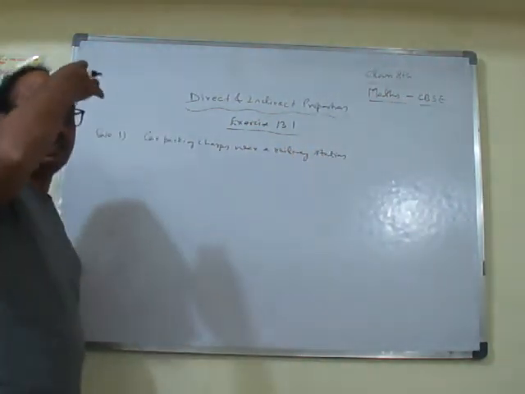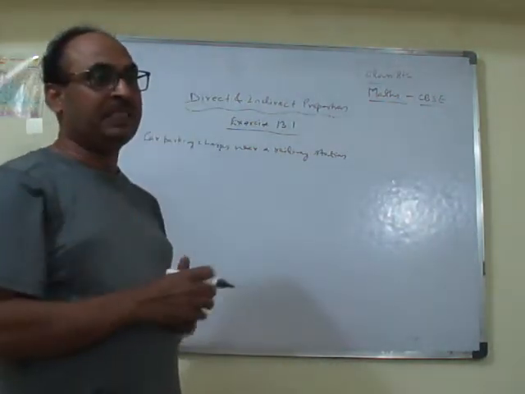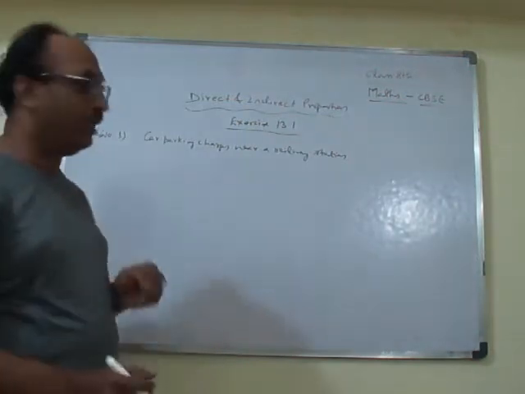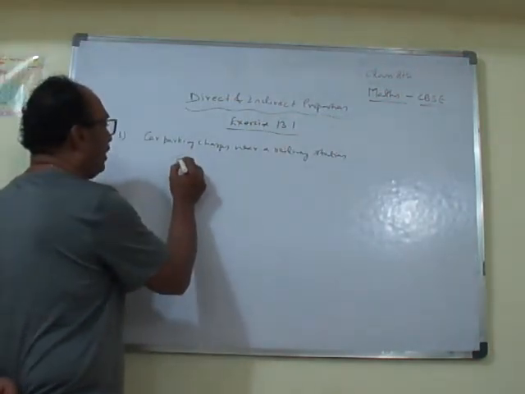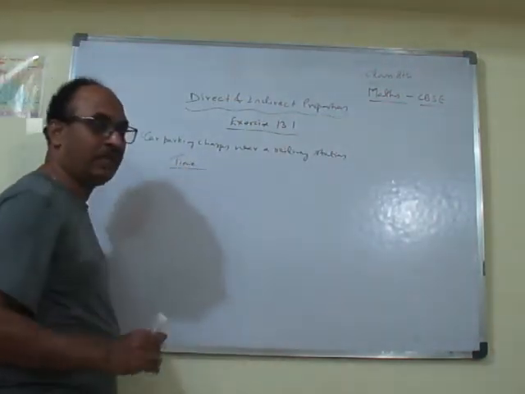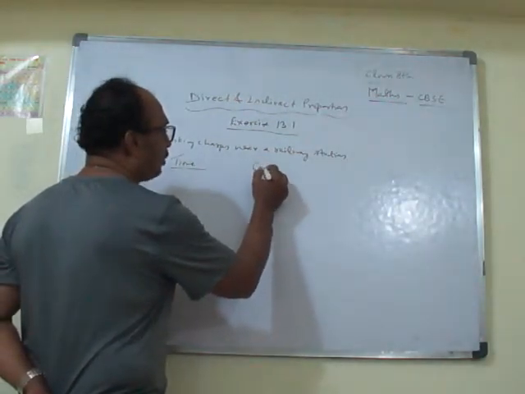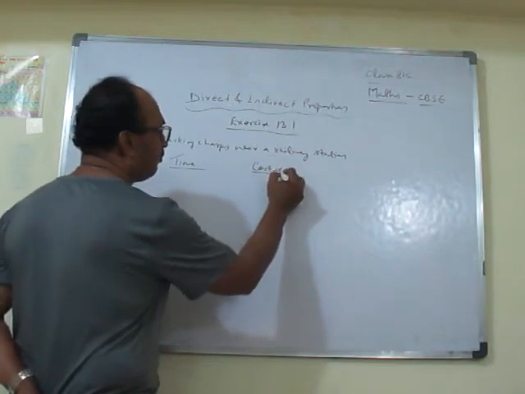How is it being given? It is given that 4 hours time is given. So what is the time? First given 4 hours, and another one, how much amount? So what will be the cost of that parking charge?